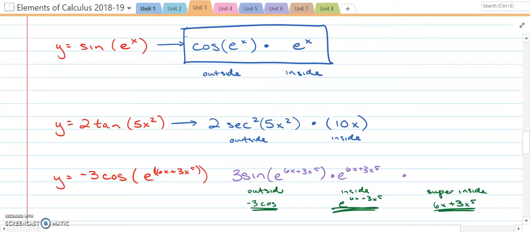But we deal with the super inside as well, which becomes 6 plus 15x to the 4th. Those three pieces all together become your final answer. This is completely done.